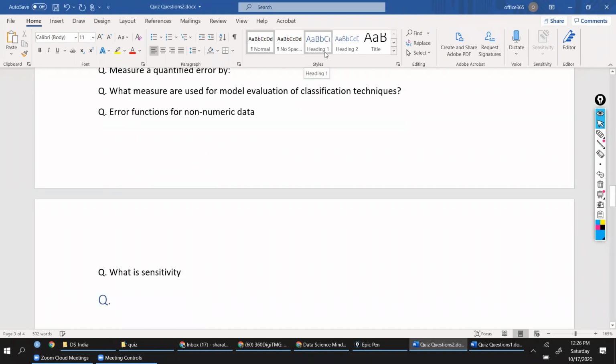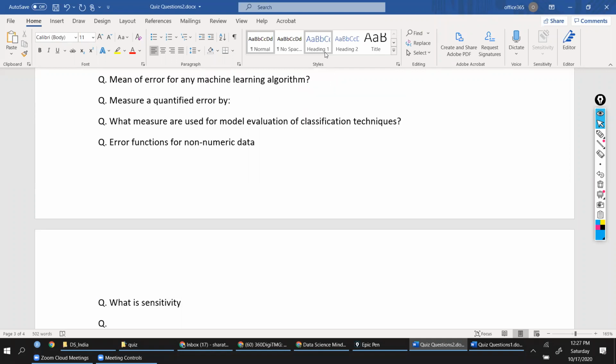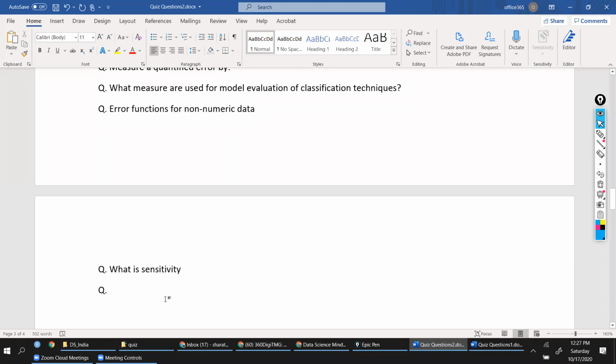Right. Next. There's a condition for considering the accuracies of your confusion matrix. What is that condition for considering the accuracy?